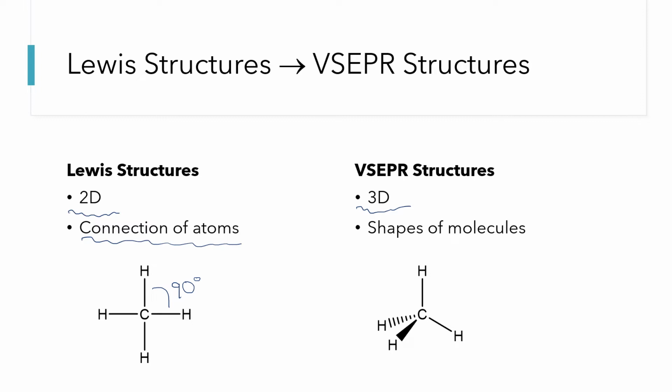But the VSEPR structure is actually predicting something bigger than 90 degrees. As we will learn soon, it predicts 109.5 degrees. That's a pretty big difference in bond angle, and it turns out that the VSEPR prediction matches what we see experimentally.